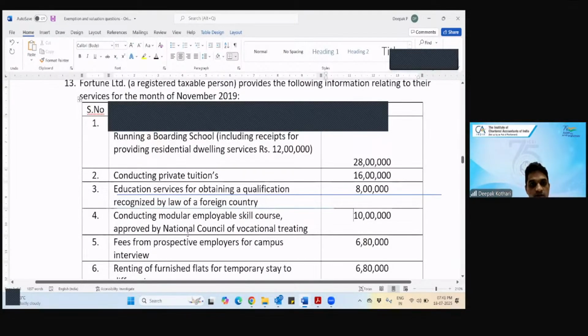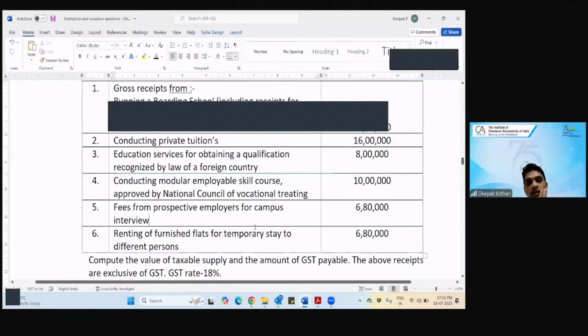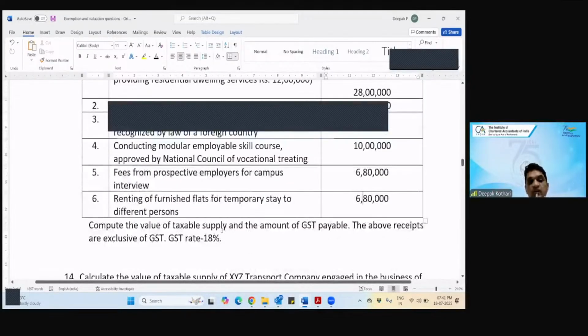10 lakh rupees. Fees for prospective employers for campus interview, 6,80,000. Renting of furnished flats for temporary stay to different persons, 6,80,000. Compute the value of taxable supply and the amount of GST payable.